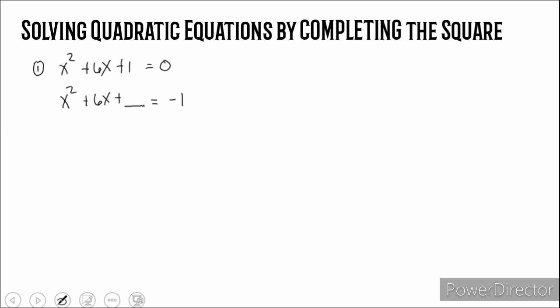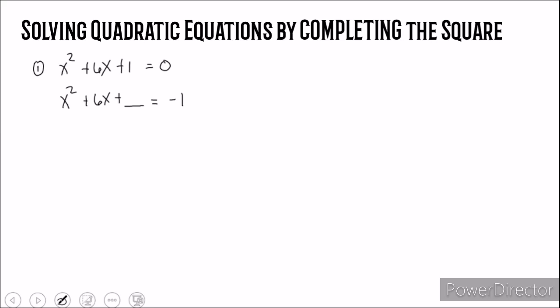Ibig sabihin, iisip ako ng number na perfect square para maging perfect square trinomial tong given natin. Okay. So, again, ginagamit natin to kapag hindi na natin magamit yung extracting the square root, hindi na rin natin magamit yung factoring.